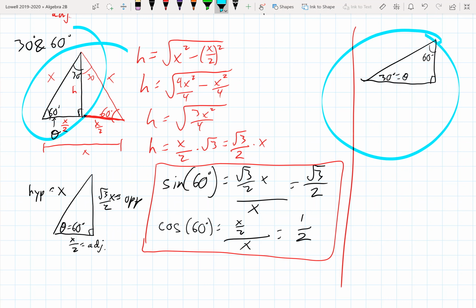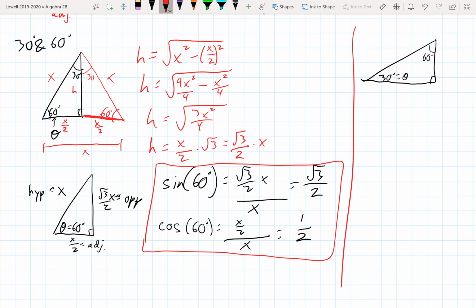And so the values of the side lengths are going to be exactly the same, because this would have just come from another equilateral triangle like so. So if I call this side x, then the short leg here would be x over 2, and I'm not going to go through it again, but the long leg would be root 3 over 2 x.